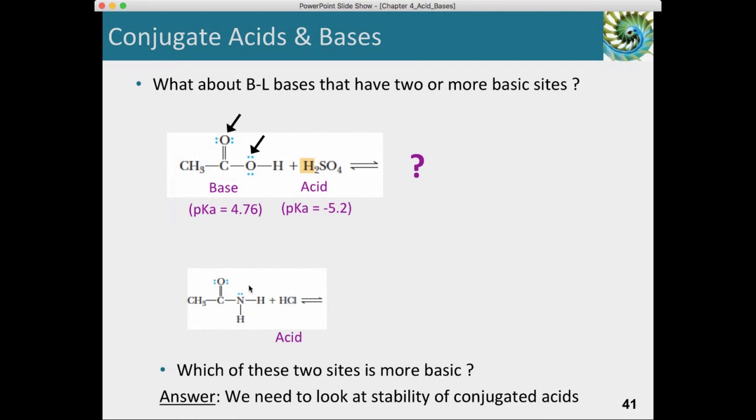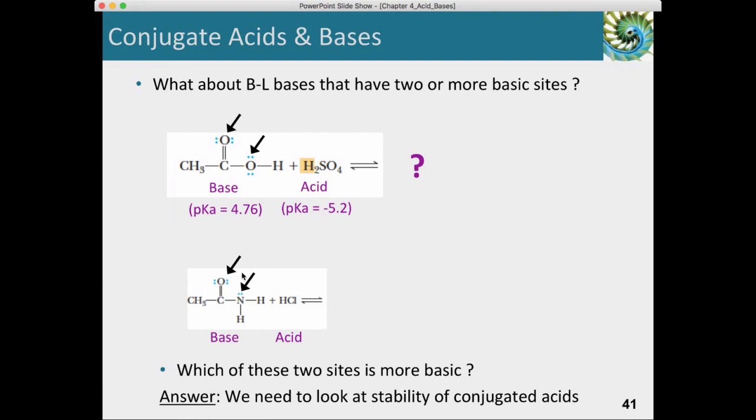When we look at the molecule of acetamide, which will be acting as a base, once again we have two potential basic sites. We have a nitrogen with an electron pair, and we have an oxygen with electron pairs. So the question is once again, which of these two sites will be acting as a base? Which of these two is more basic?